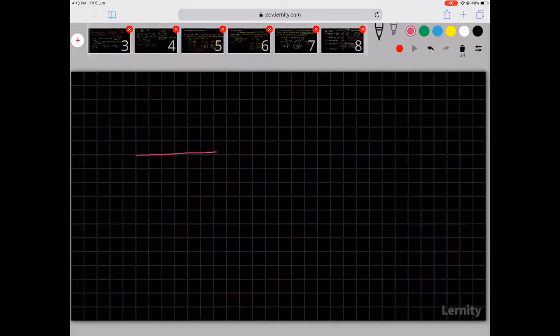Okay, so here I have an arc. This angle here, theta. Theta is a ratio of the length of the arc by the radius of the arc.